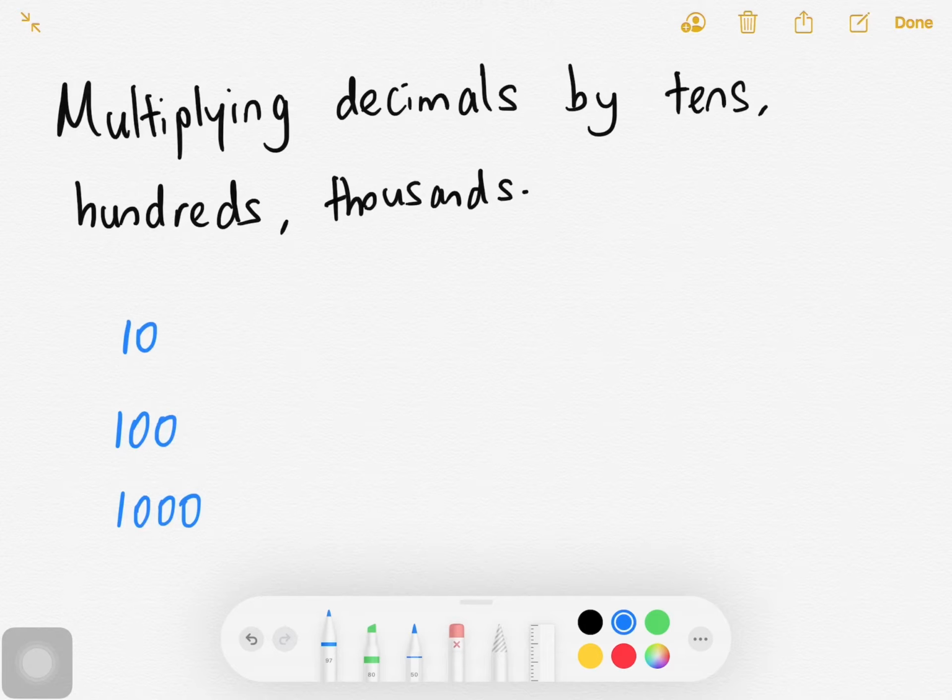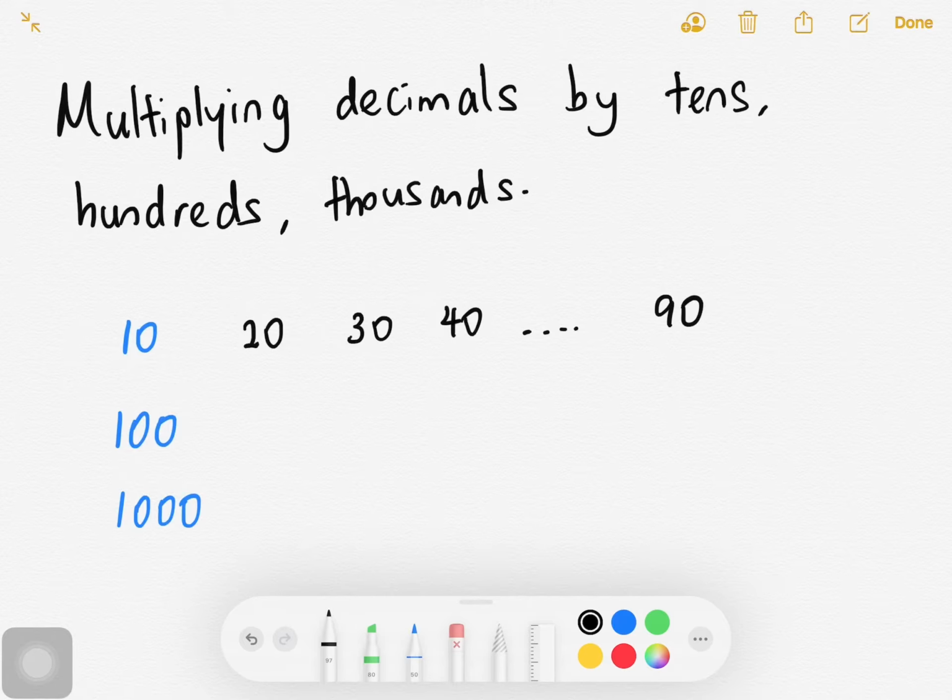So today we are going to move on with our multiplication. Multiplying by tens, hundreds, and thousands means I'm going to multiply by 20, 30, 40, all the way to 90.